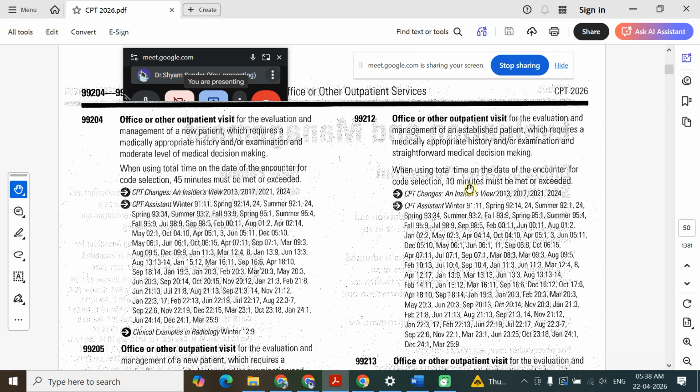Here we are talking about procedures, but since we are talking about 15, 20, 45 minutes, does how long you spend with the doctor also count?